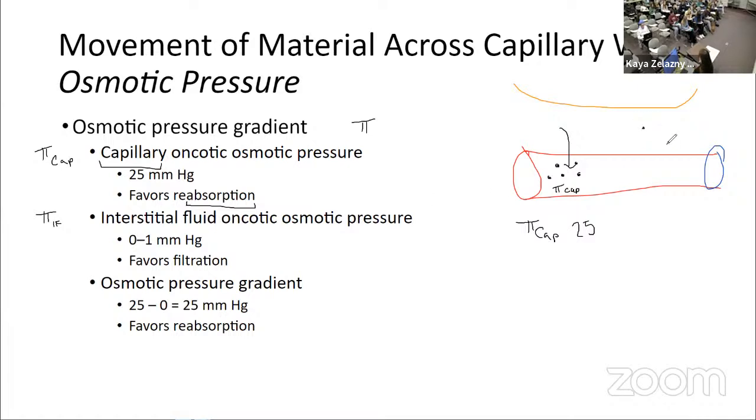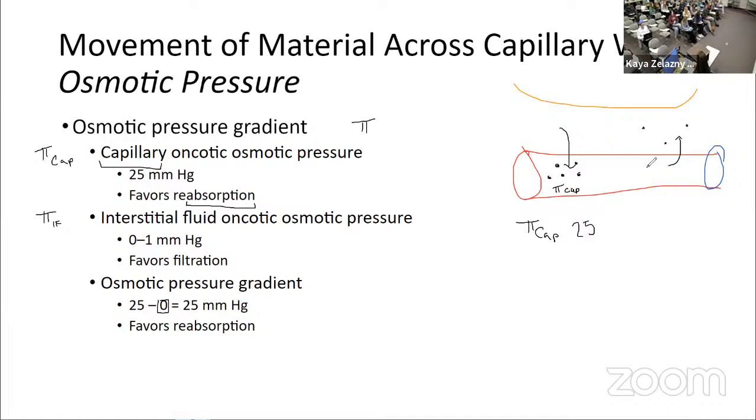Again, this is something that can vary in disease states, but is usually quite low. So a little bit of stuff. Here, we're going to pick up the 0 for right now, but it would pull materials towards it in the same way that these proteins were pulling fluid towards them.